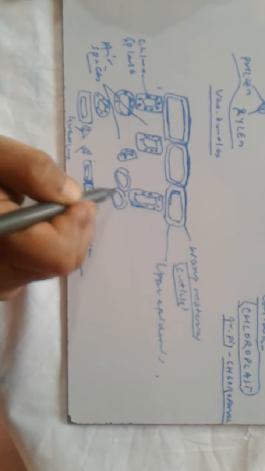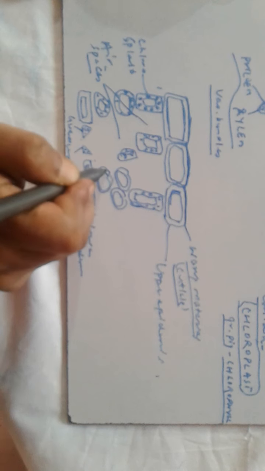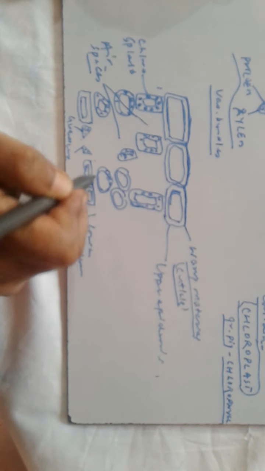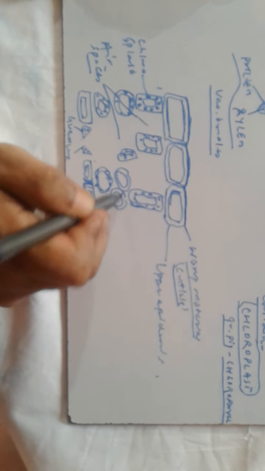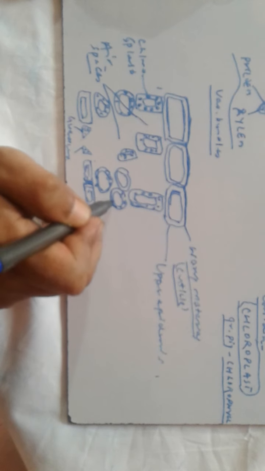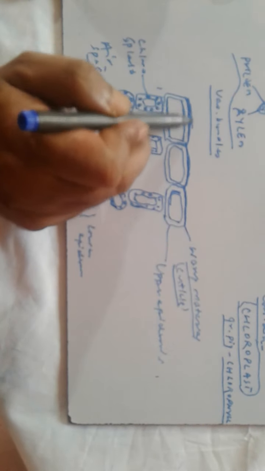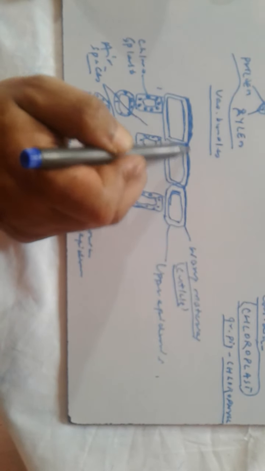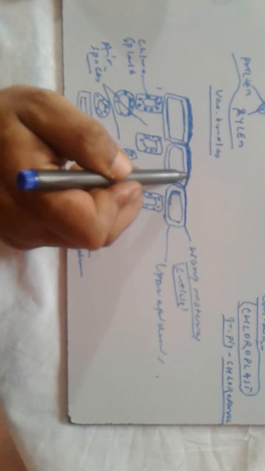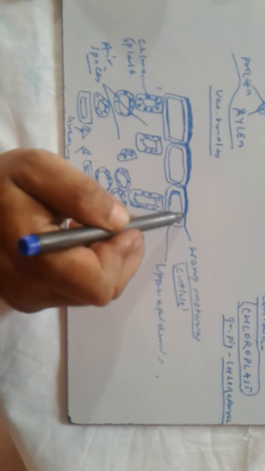You can draw the structure. This is the waxy cuticle. It prevents the loss of water.